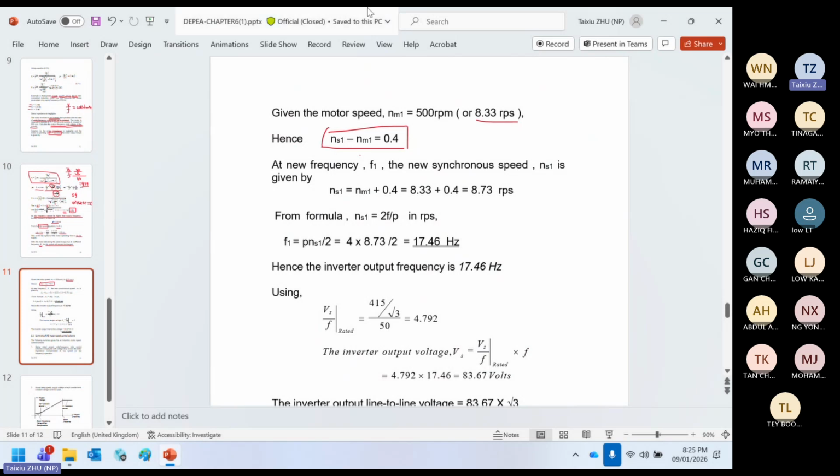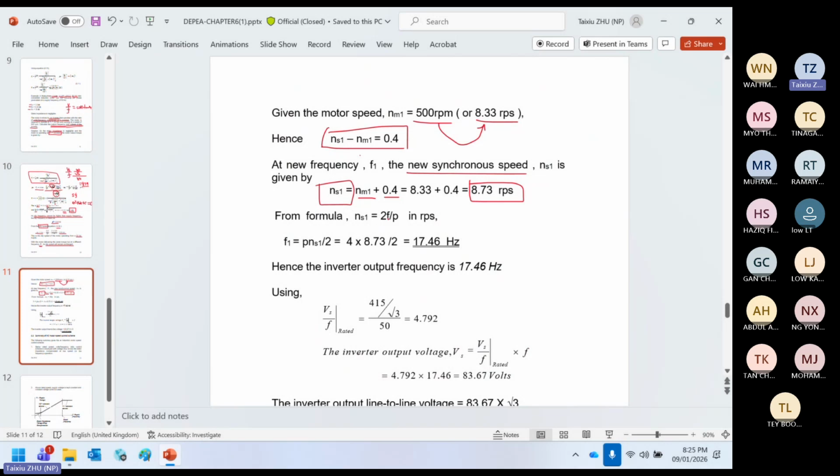So from here you convert this one to this and these are the same. So I know the synchronous speed in S1 should be the motor speed plus 0.4. You get the RPS, revolutions per second.